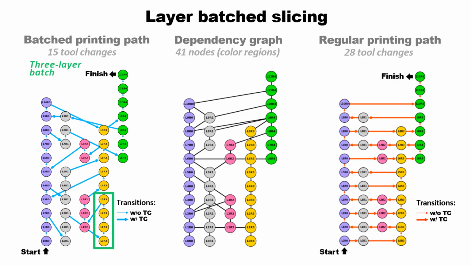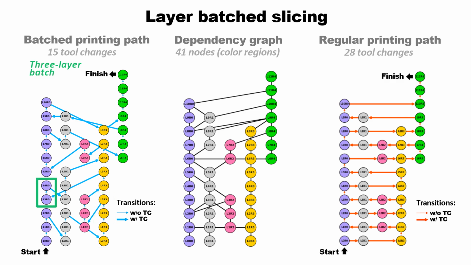In batch number 3 then, yellow regions from L0R3 to L3R3, we fabricate the same yellow material over 4 layers, since the maximum layer distance between L3R3 and the remaining unfinished region L1R2 remains within the maximum layer batch range of 3 layers.